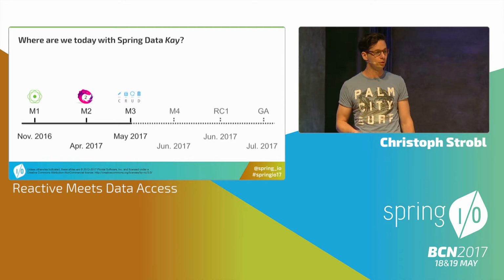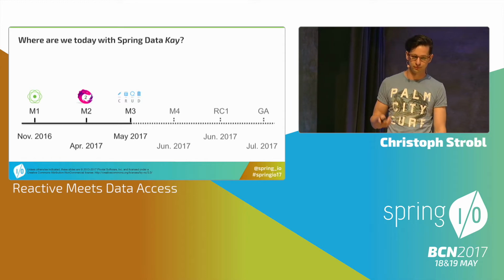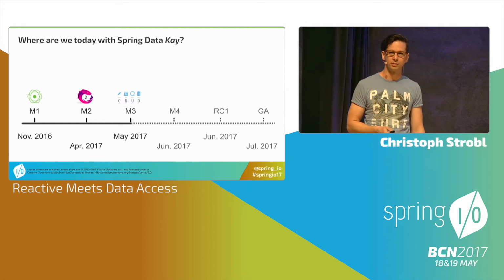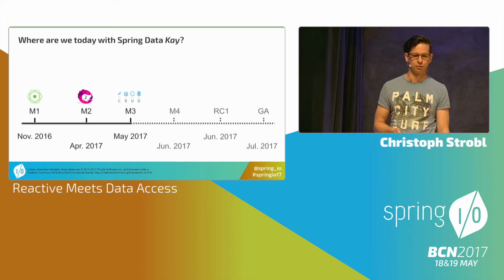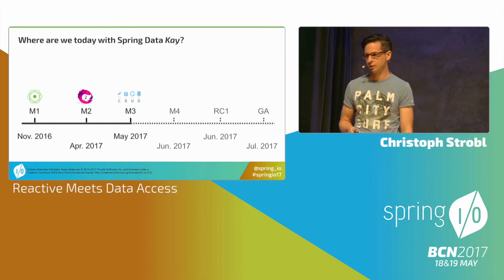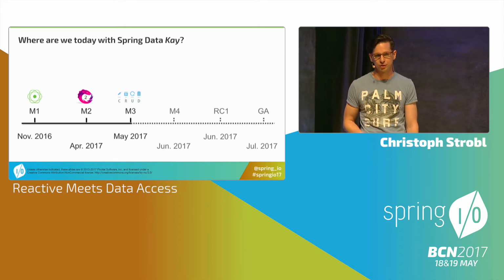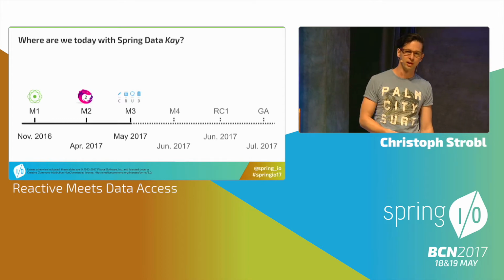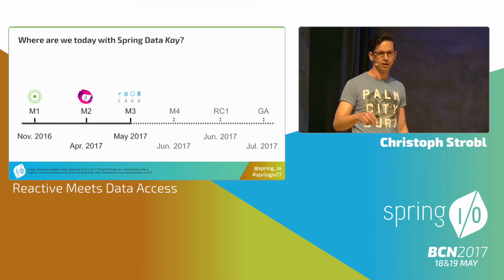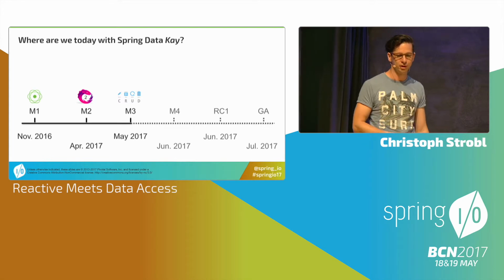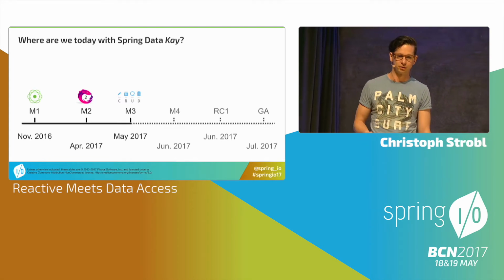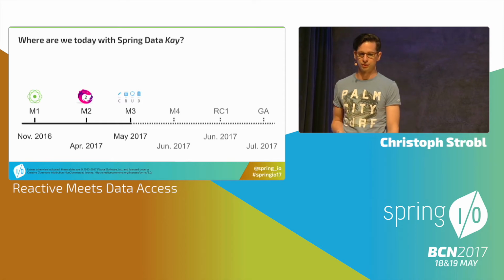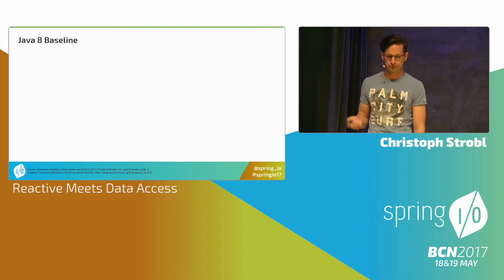We plan to do a 4th milestone this month, hopefully, and then RC1 in June, and we are eager to go GA in July 2017, so a bit after Spring Framework, but still before Boot at the end of the year. The current plan is that we just gather feedback on the 2.0 or K release, and then release Spring Data 2.1 for the actual Boot release at the end of the year.